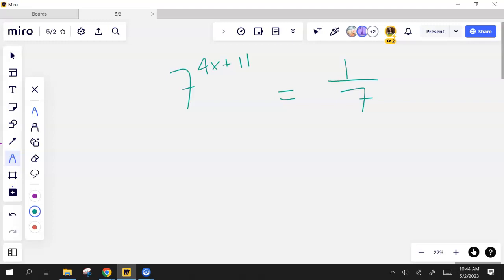Y'all are thinking. I feel like you're getting there, but you're just not there. You got to make them have the same base, right? What's the base? Okay, so we're flipping something, right? What makes something flip? A negative. So this is already 7. So if I make this one 7 to the what? -1. Negative what? Yes, the answer is -3.